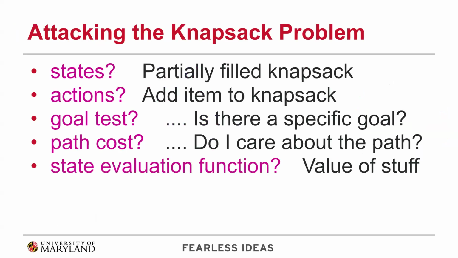And about the goal test, is there any specific goal? Currently we try to put the items in the bag optimally, so we're not having any specific goal because it depends on the constraint listed in the problem. And the state evaluation function is the total value of the items put into the bag, satisfying the total capacity of the bag.